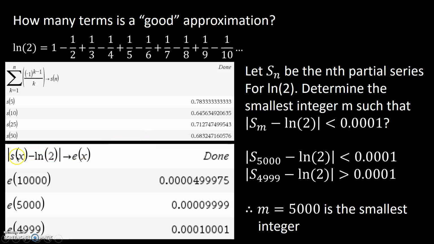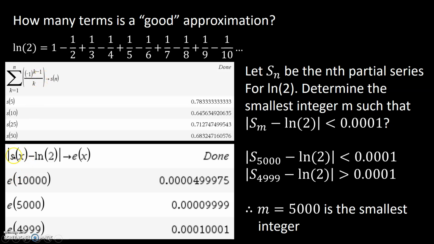Well, using some more calculator mechanics, we set the error function to be the distance between the natural log of 2 and my xth partial sum. So you'll notice here if I plug in an x, well, that is the x, and the sum from 1 to x is x terms added together.